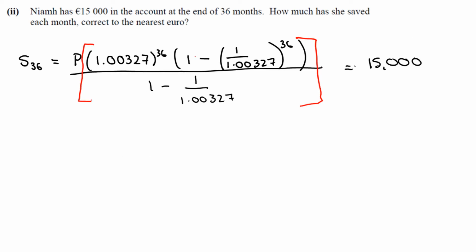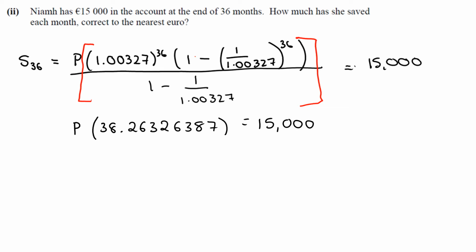So when we put that into the calculator, we should get 38.26326387. So P times that should equal 15,000. So in order to work out P, we're going to divide by that 38.26326387.